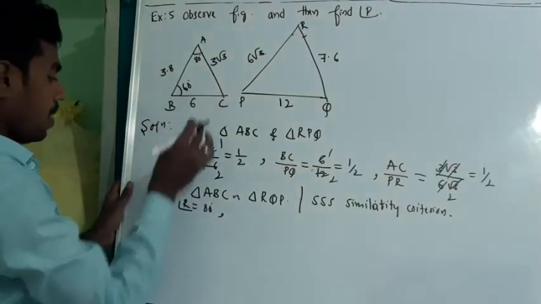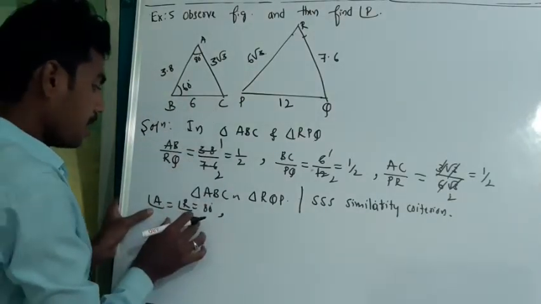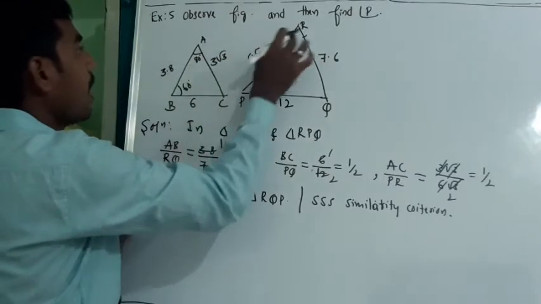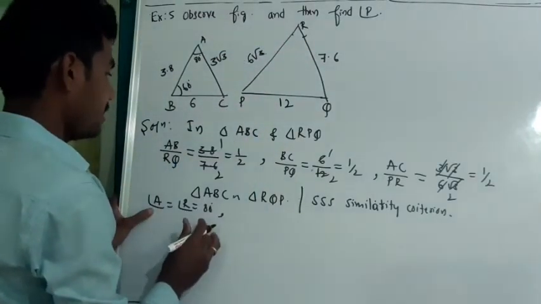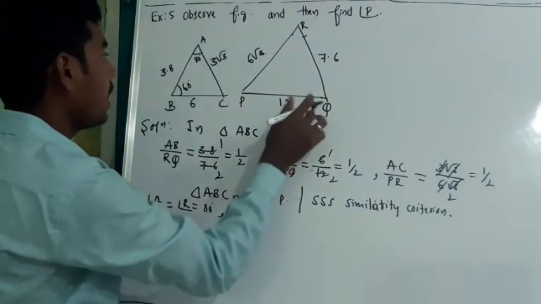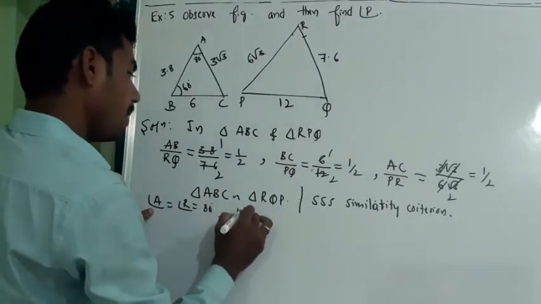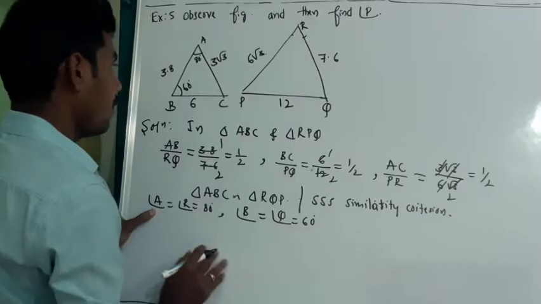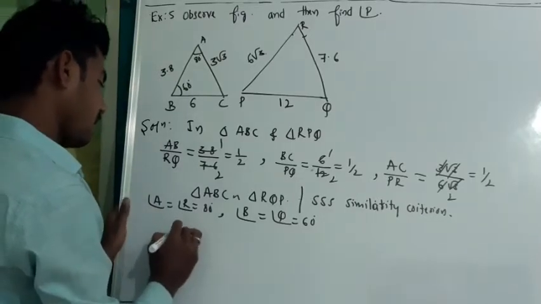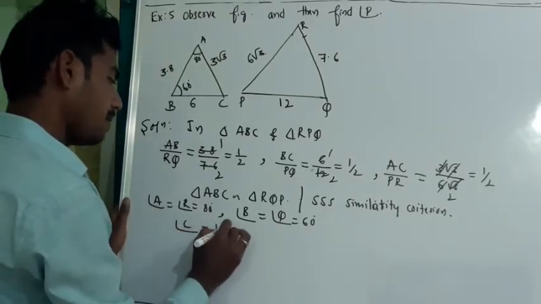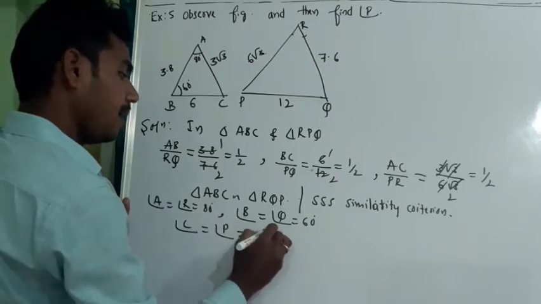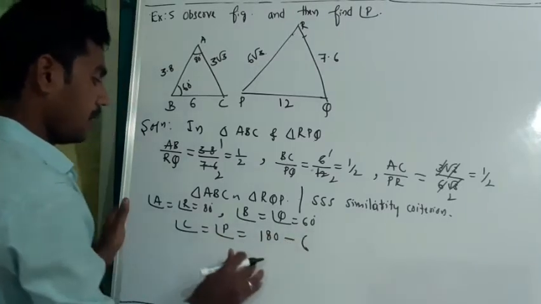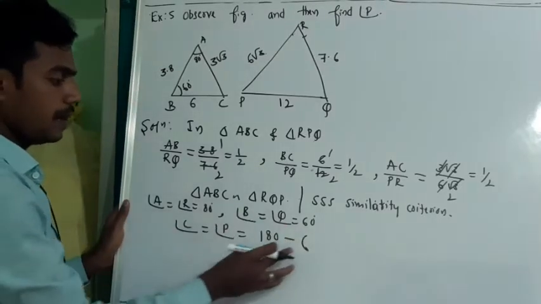Angle A is equal to angle R is equal to 80 degrees. Next, angle B is equal to angle Q is equal to 60 degrees. Now angle C is equal to angle P is equal to 180 minus these two angles.